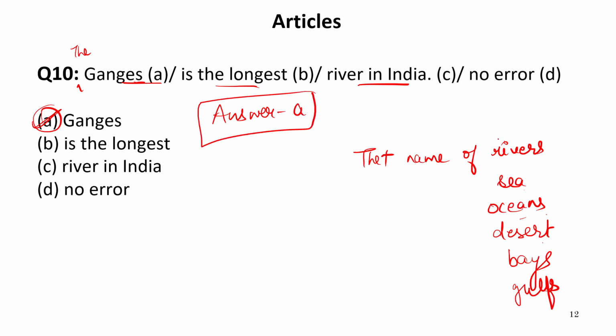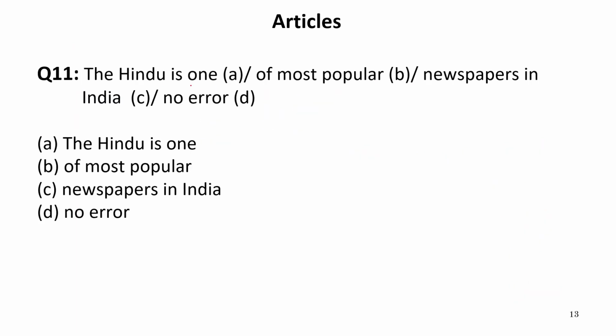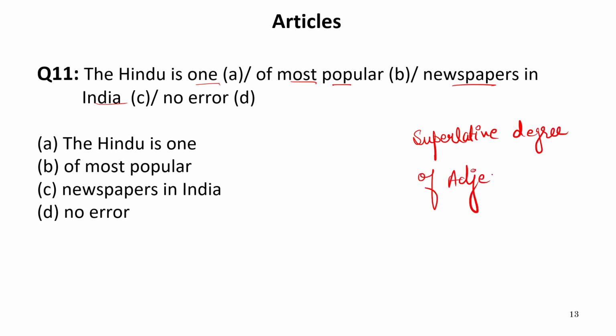Now let us move to the next one. The Hindu is one of most popular newspapers in India. Now, whenever we have a superlative degree of adjective, it refers to a degree in which we compare one to all. Superlative degree of adjective is formed with either the prefix "most" or "est" as a suffix to a word.